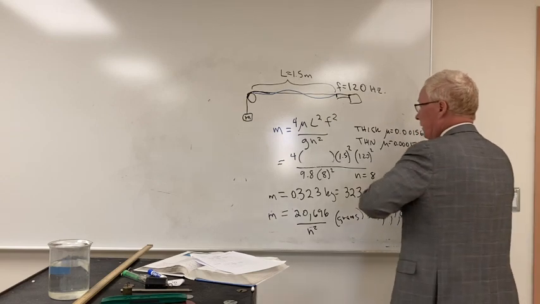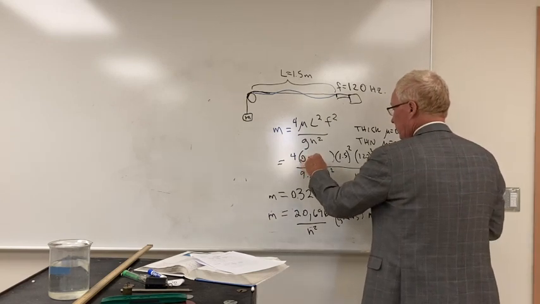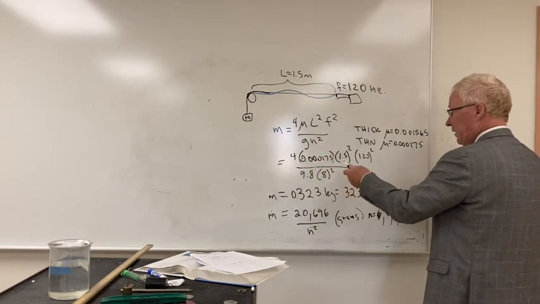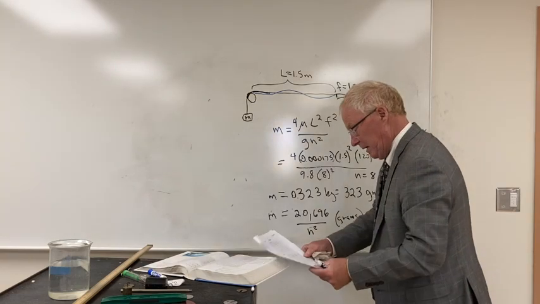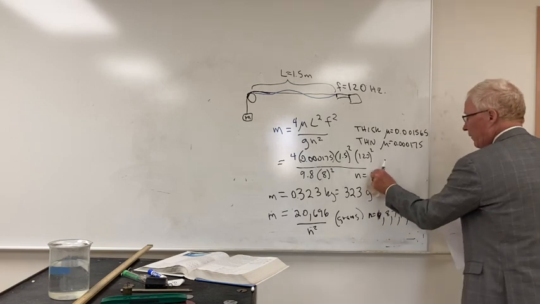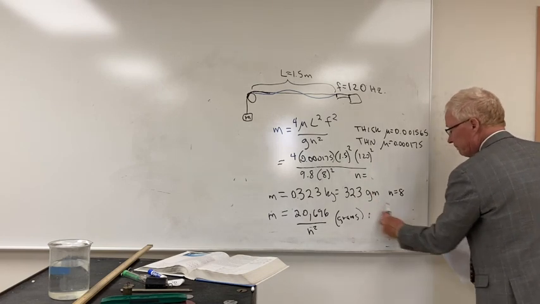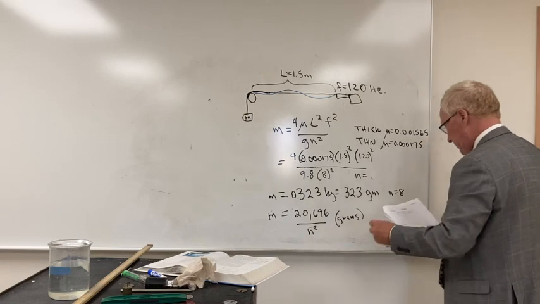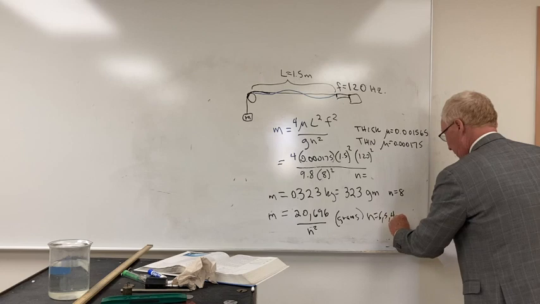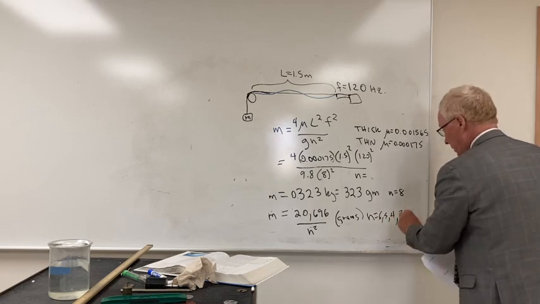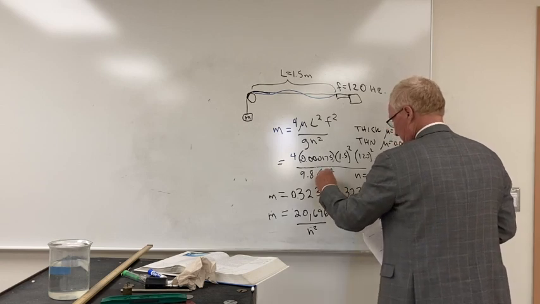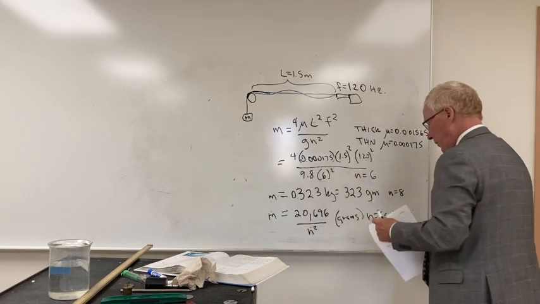This would be 0.000175. However, in this case, instead of 9, 8, 7, 6, 5, we're going from n equals 6, 5, 4, 3, 2, and so we'll pick the first one, n equals 6, and I will calculate that for you.